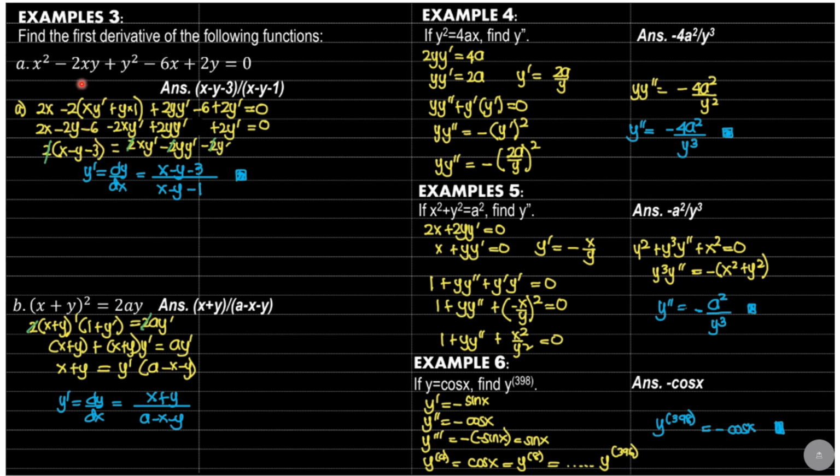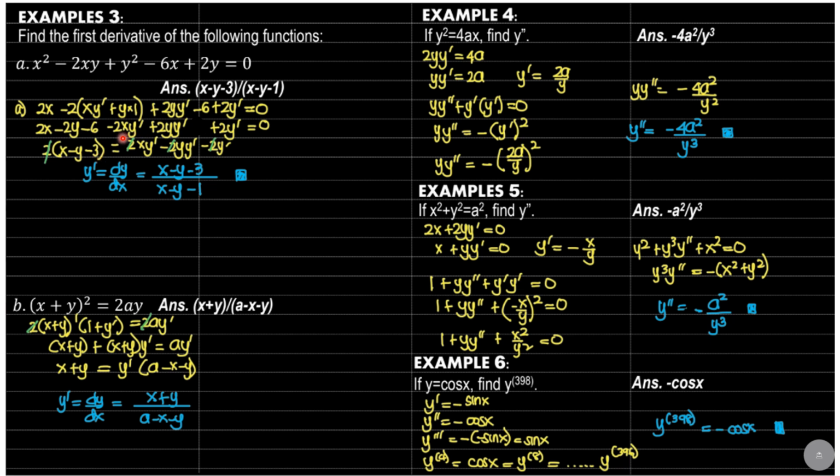So 2x minus 2y, then minus 6 here, then minus 2x y prime, which is that, then plus 2y y prime, then plus 2y prime equals 0. So factor out 2 for these first three terms. Then we have x minus y minus 3.